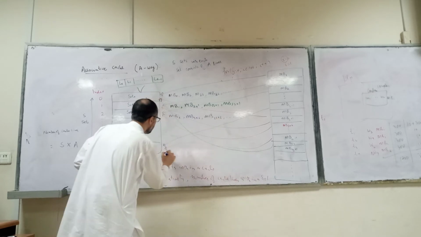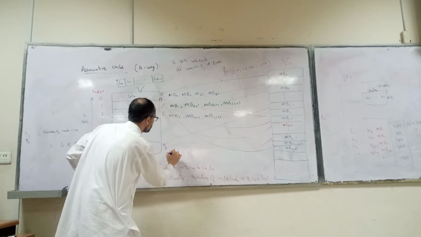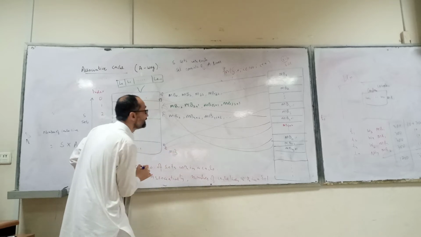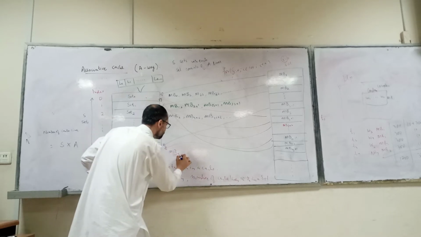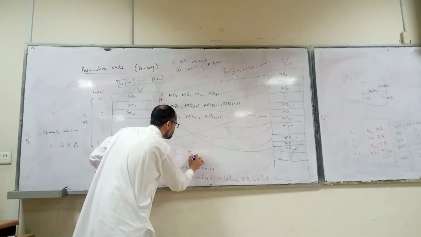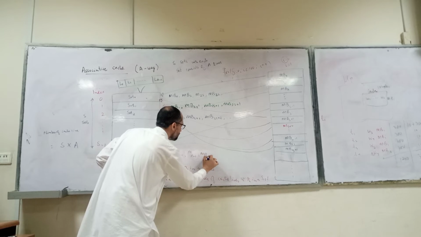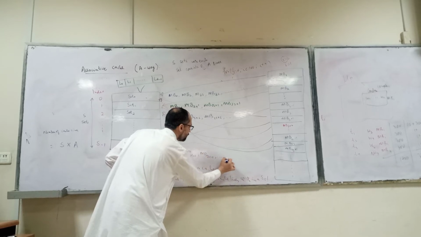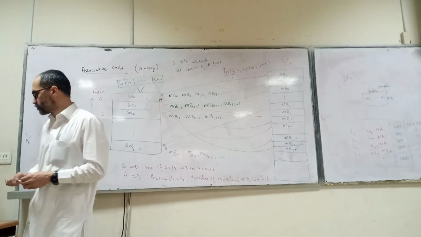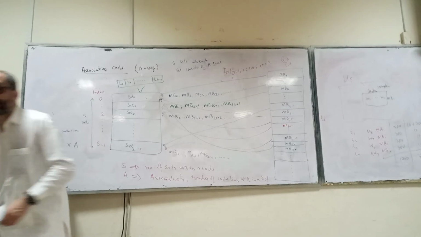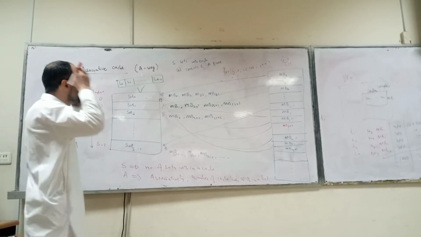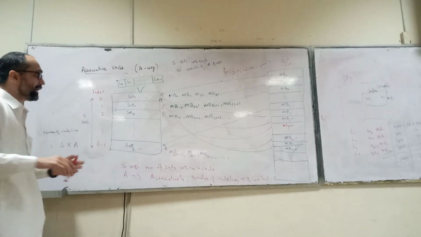Similarly, for the last set, it will be MB S minus 1, MB 2S minus 1, MB 3S minus 1, and so forth. Now, let us take some example.